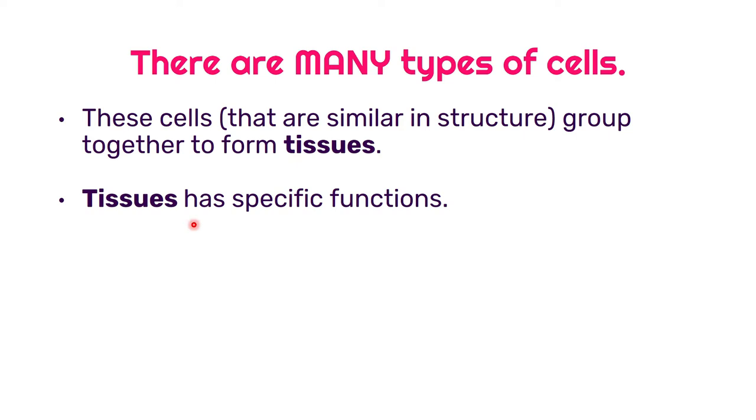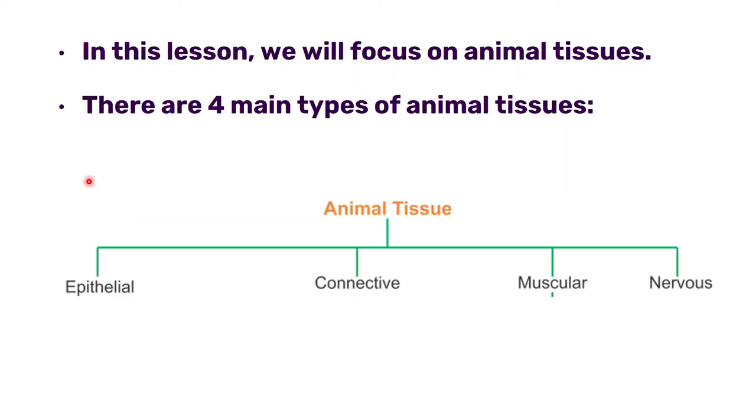Tissues have specific functions. Tissues comprise animals, plants, and other complex multicellular organisms. But for this lesson, we will focus only on animal tissues, and we will use the human organism as an example.